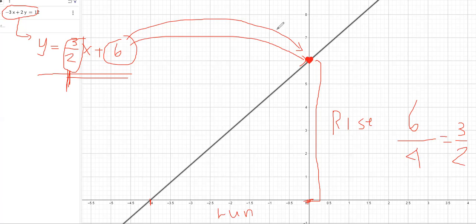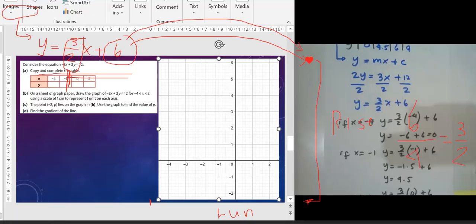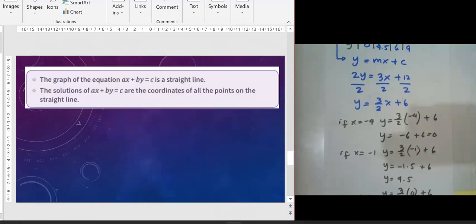Now I would like you to do task number 2. Let me clear all of this. We have learned from this that the graph of the equation is a straight line, and the solutions are the coordinates of all the points on the straight line. Are you ready for task number 2?